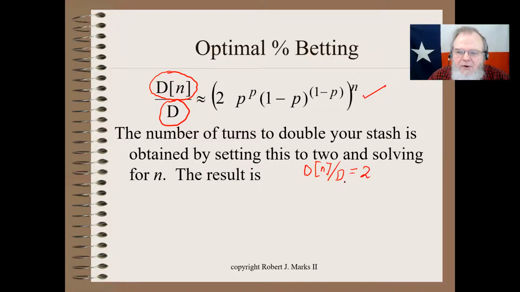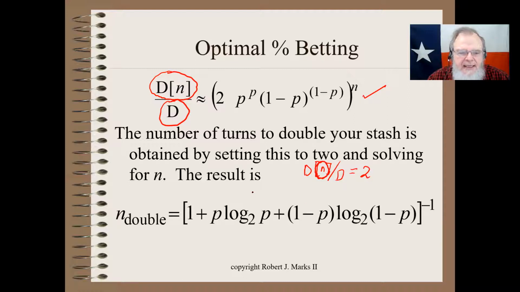If d sub n over d is 2 and we solve for n, that would tell us how many games we have to play on average to double our money, assuming the law of large numbers has kicked in. So the result of solving for n, n double, the number of games that you have to play to double your money, is given by this expression.